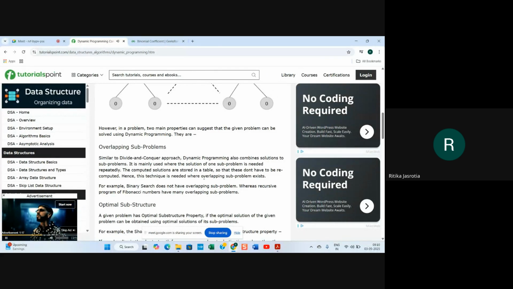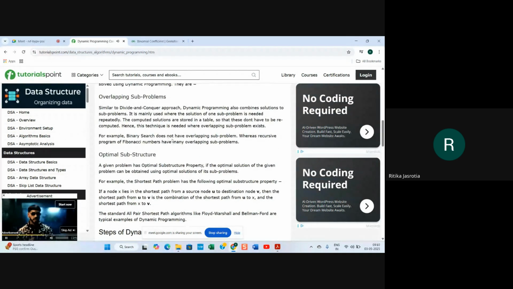Hence, this technique is needed where overlapping subproblems exist. So you create a table, compute a solution for the subproblem and store it so it doesn't have to be recomputed. For example, binary search does not have overlapping subproblems, whereas the recursive program for Fibonacci numbers has many overlapping subproblems. That is what they are trying to tell.